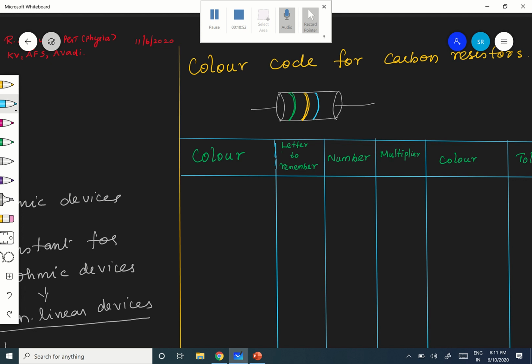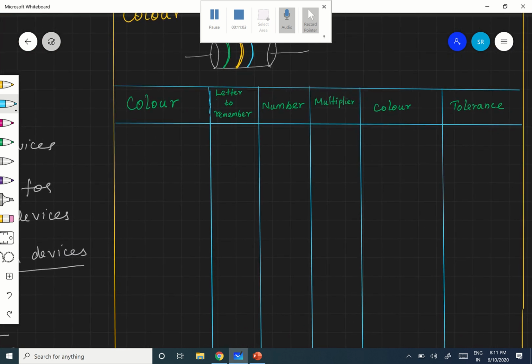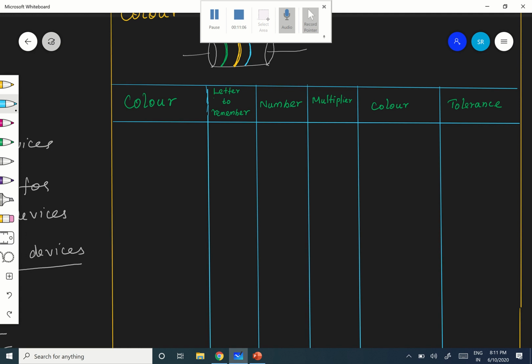So the colors will be shown like this, and from the colors you are supposed to find out the value of the resistor. For that, I have drawn a tabular column, but it takes a lot of time, so now I'll explain with this. First color to start with is black.